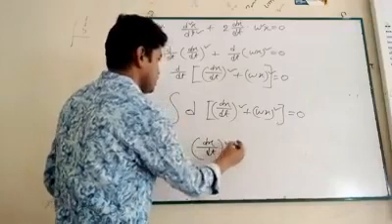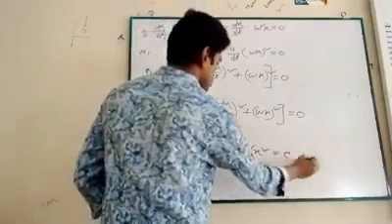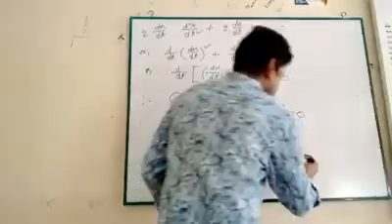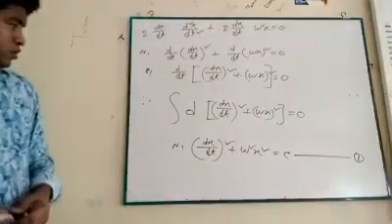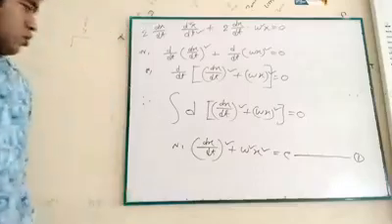Or (dx/dt)² plus ω²x² equal to c. It's an integral constant. I have to find out the value of c.